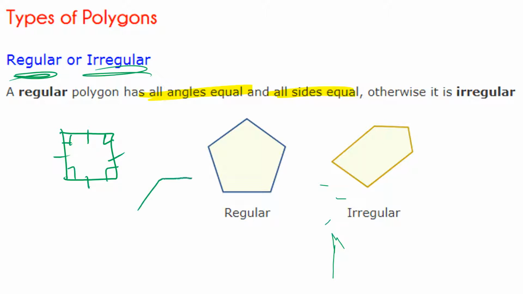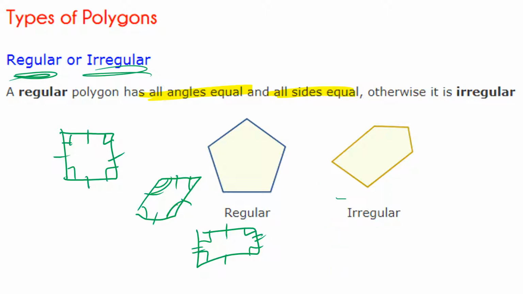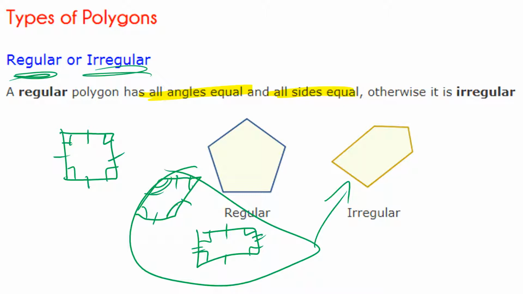A rhombus, while it has all equal sides, does not have all equal angles. And a rectangle, while it has all equal angles, doesn't have all equal sides. So rhombus and rectangle would be classified as irregular, except when they are a square. A square is the only one that is regular.